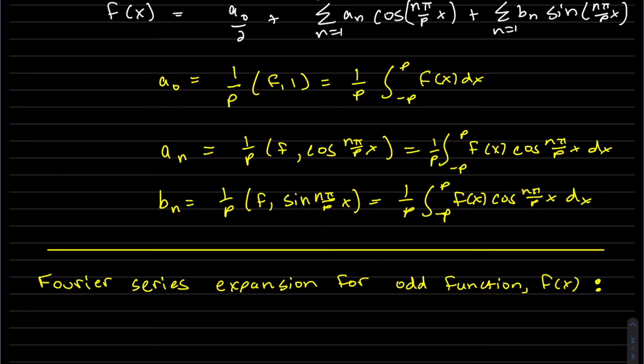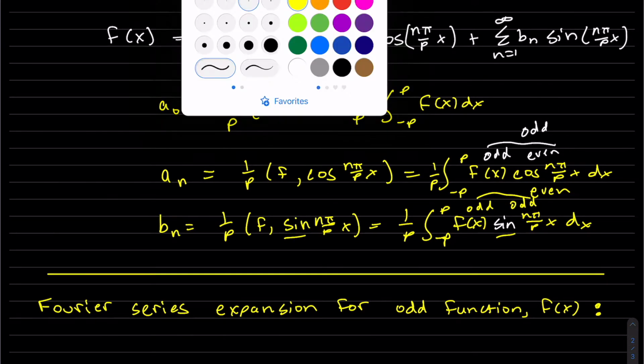If f of x is odd, we'll have an odd, and this is an even, and an odd times an even is odd. So a n will zero out. And the only one that doesn't zero out, yeah, that's supposed to be the sine. An odd times an odd is an even. So this b n is the only one that doesn't zero out.